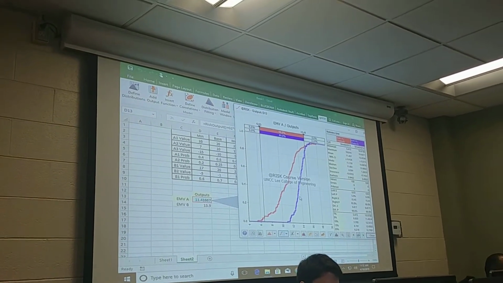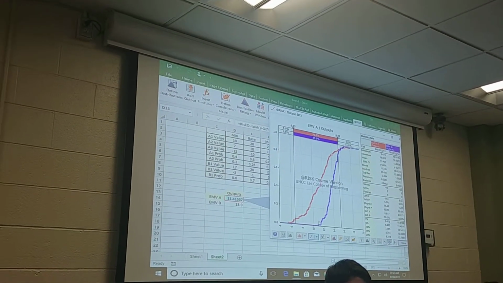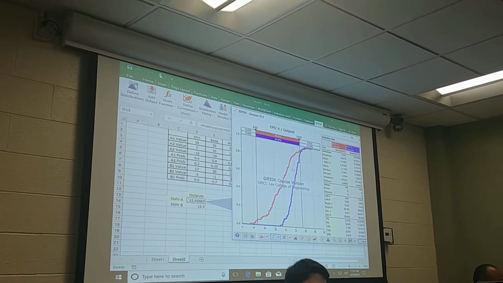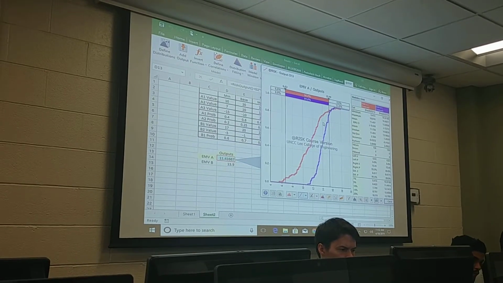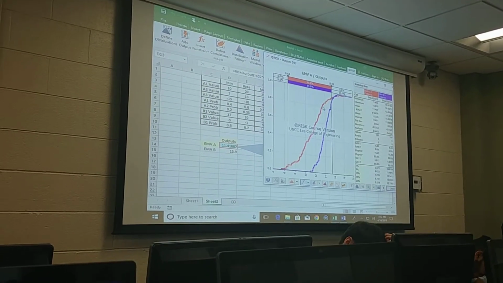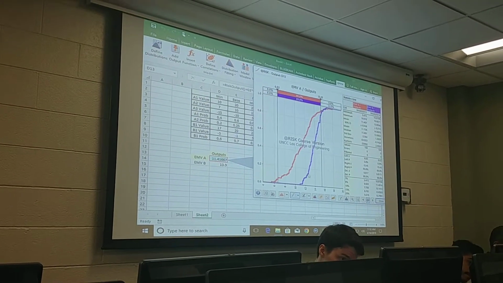So the general rule would be, if you're maximizing a problem, the one on the right or underneath the other cumulative distribution function lines would be the dominant.